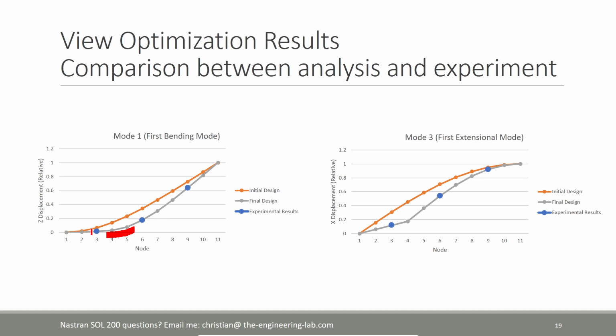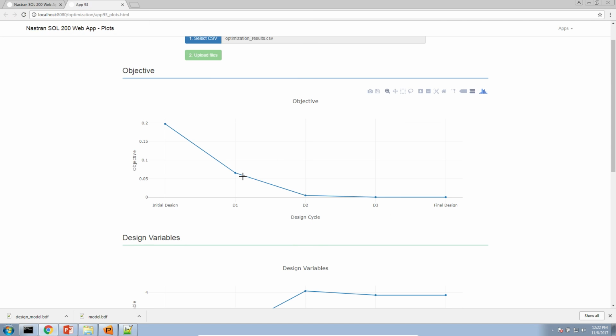That's why the objective now has a value very close to 0. In essence, the discrepancy has been minimized. Now, if we do the same thing for mode 3, you'll find something very similar. And here, feel free to pause the video and explore the plot on your own. Let me go back to the tool here.